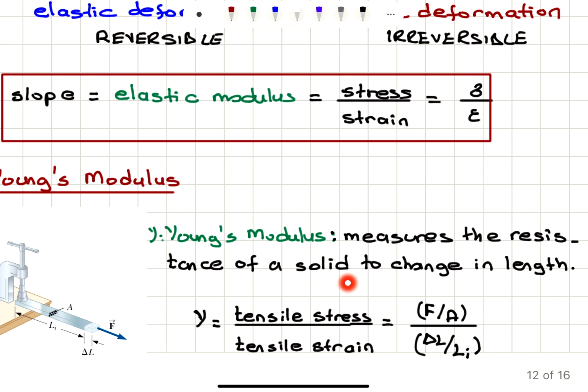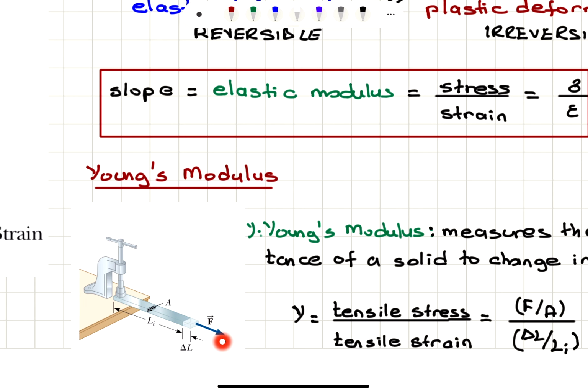We call this tensile stress to tensile strain. Tensile means it's acting in such a way that it's going to increase the length, so it's elongating. If, on the other hand, we apply a force that pushes into the object, it will cause a deformation in the other direction, and that's called compressive stress.